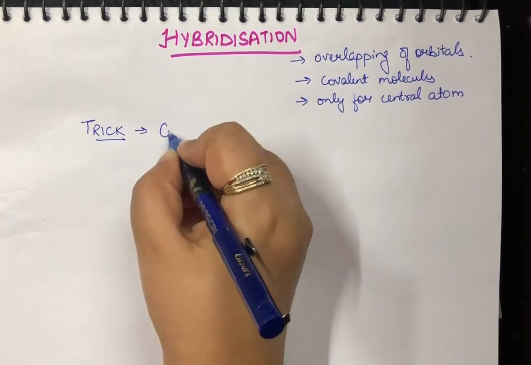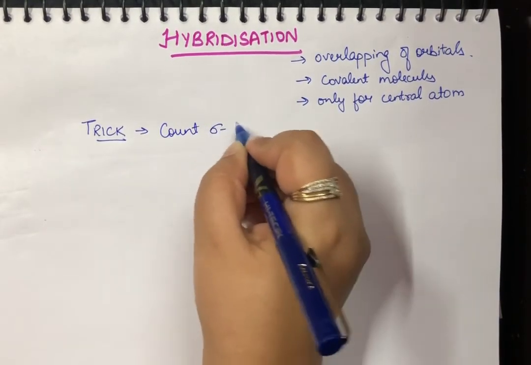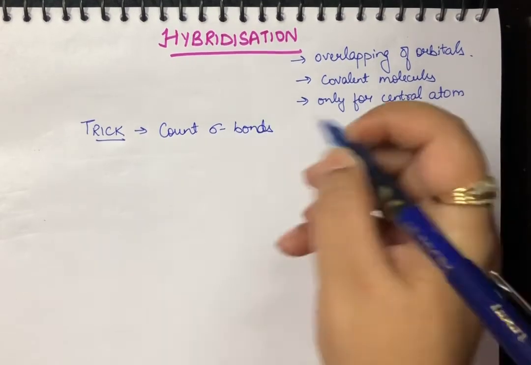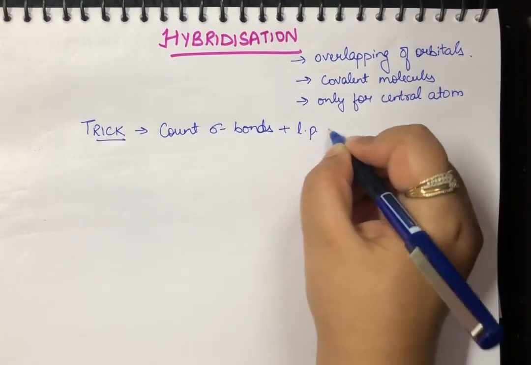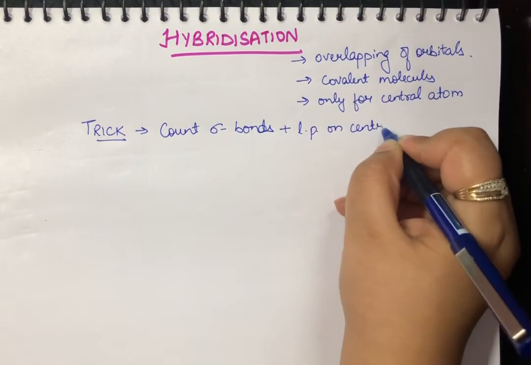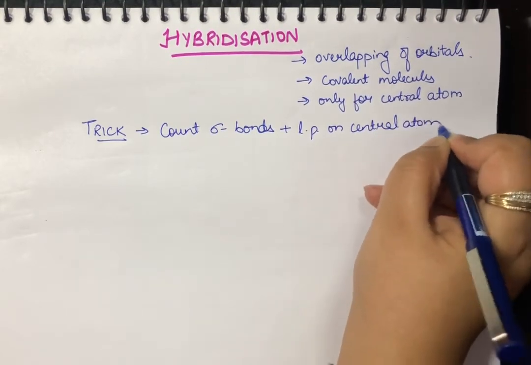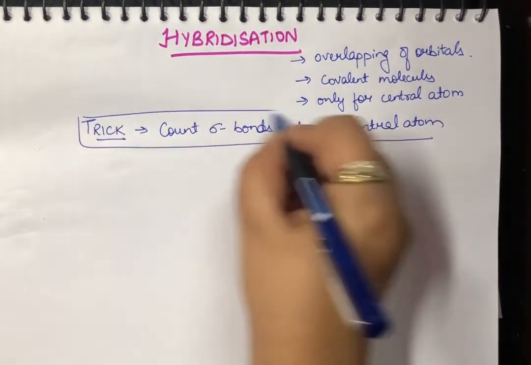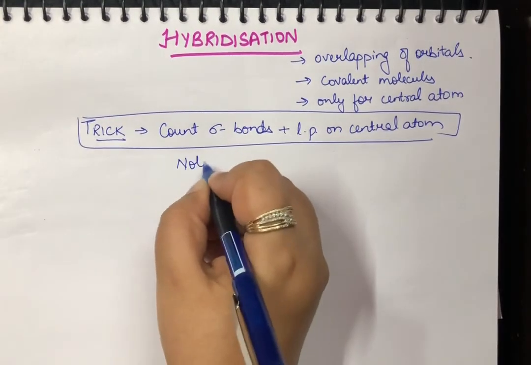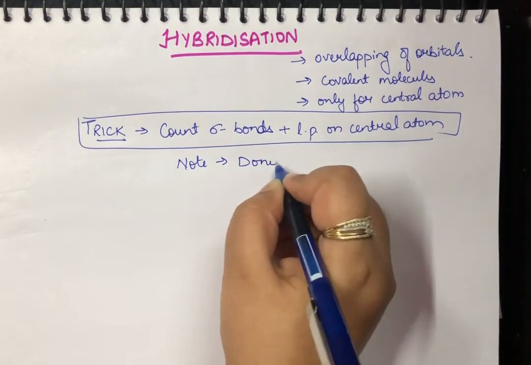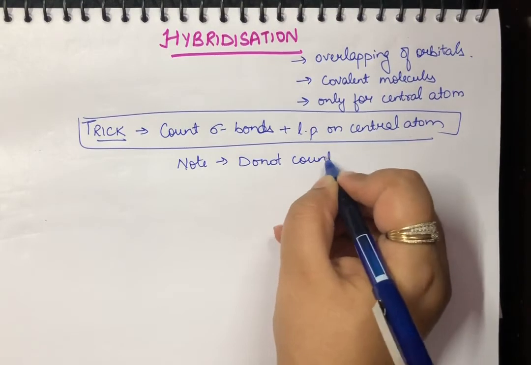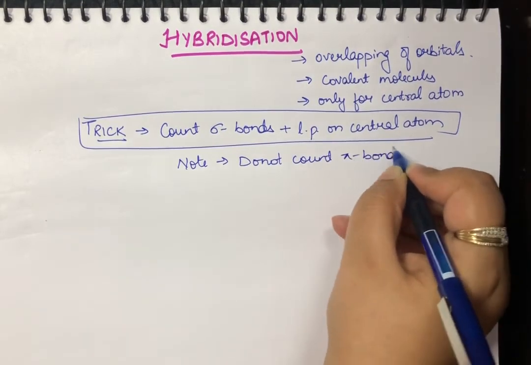The trick says that you have to count the sigma bonds in the molecule plus the lone pair on the central atom. And please note that you do not count the pi bonds. The pi bonds are not to be included here.